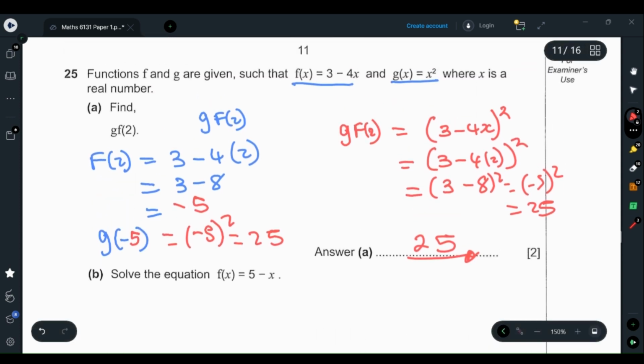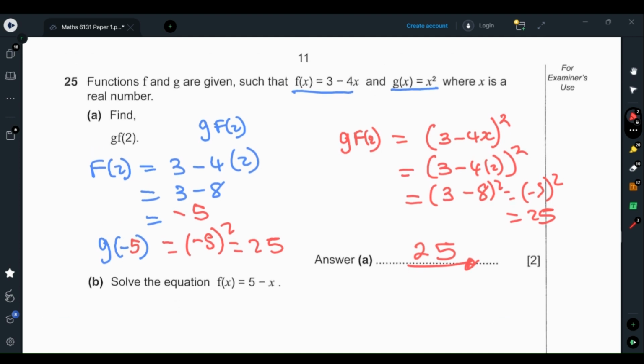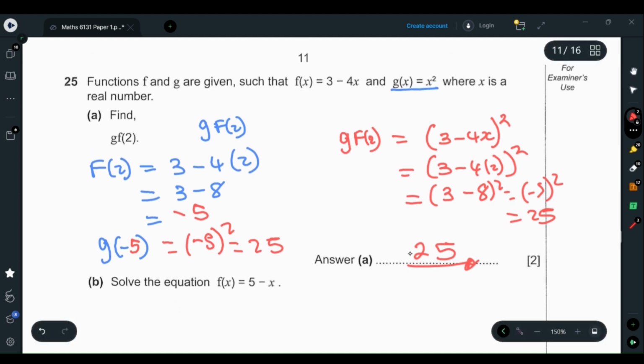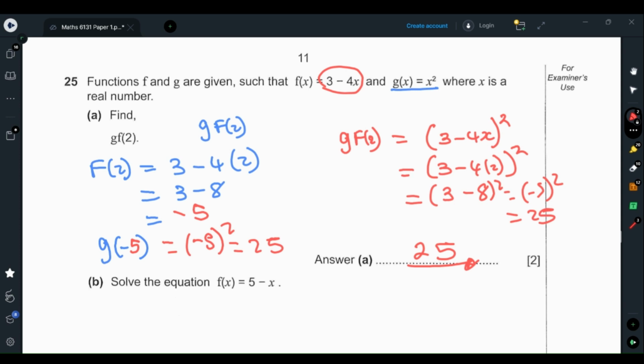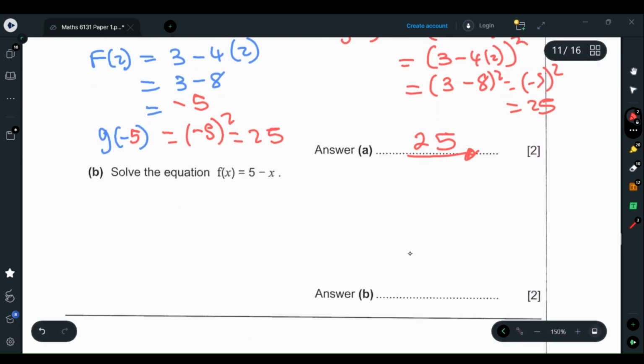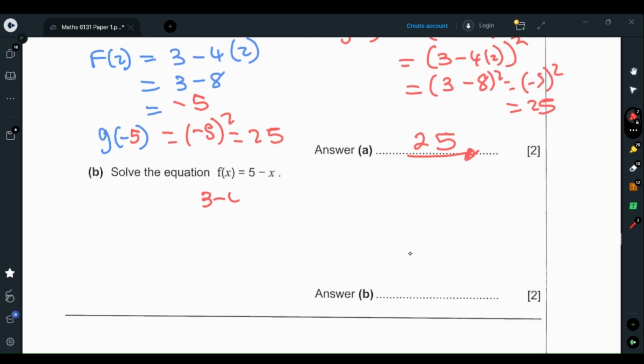Solve the equation f of x is equal to 5 minus x. We know that f of x is equal to 3 minus 4x. So 3 minus 4x, which is f of x, is equal to 5 minus x. That's rewriting the equation. I can go ahead and solve for x.